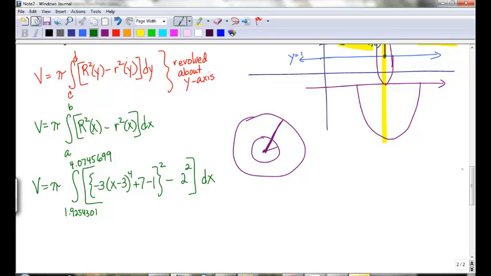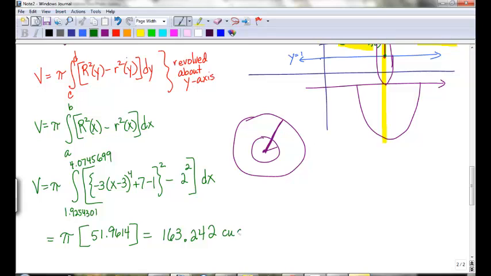I get pi times 51.9614. Okay, then hit the times sign, and then pi. So the volume is 163 point, now here's where you round it, 242, and this is in cubic centimeters.